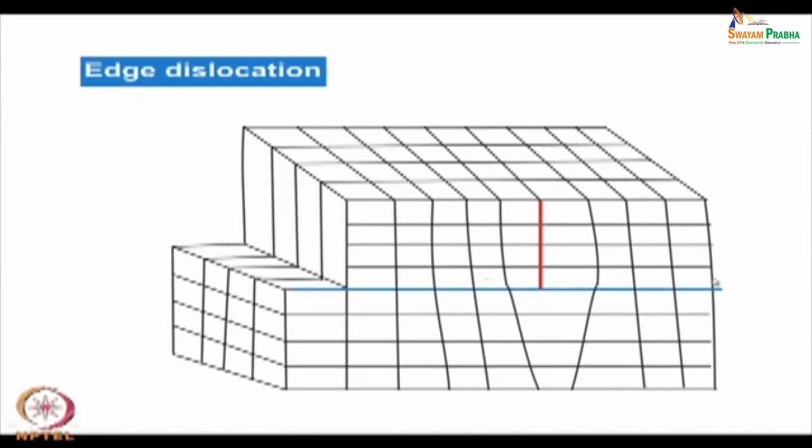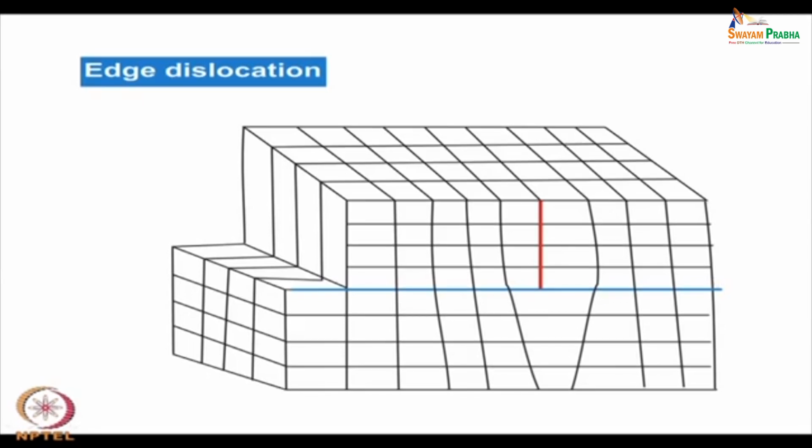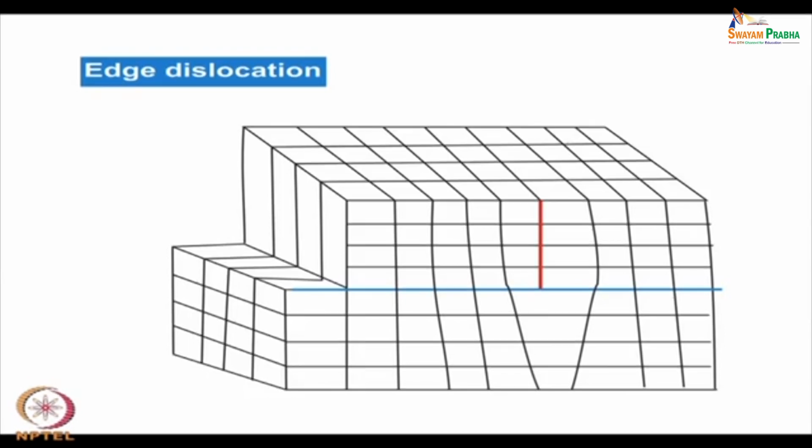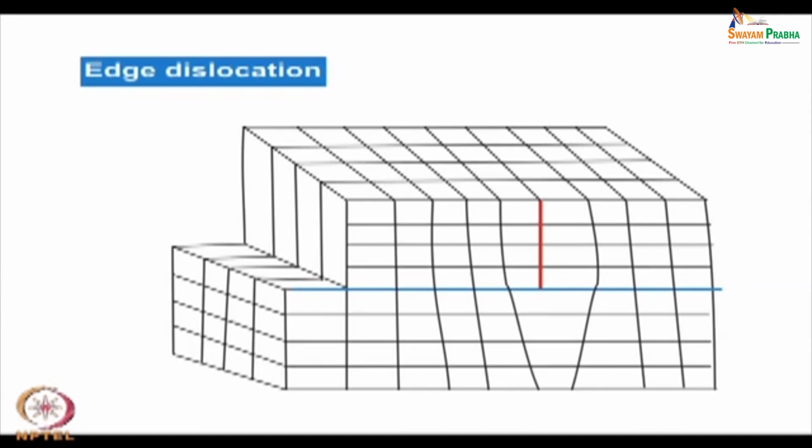The presence of a dislocation has helped the movement of atoms, sliding up and down, rightwards or leftwards, much more easily at a much lower stress.